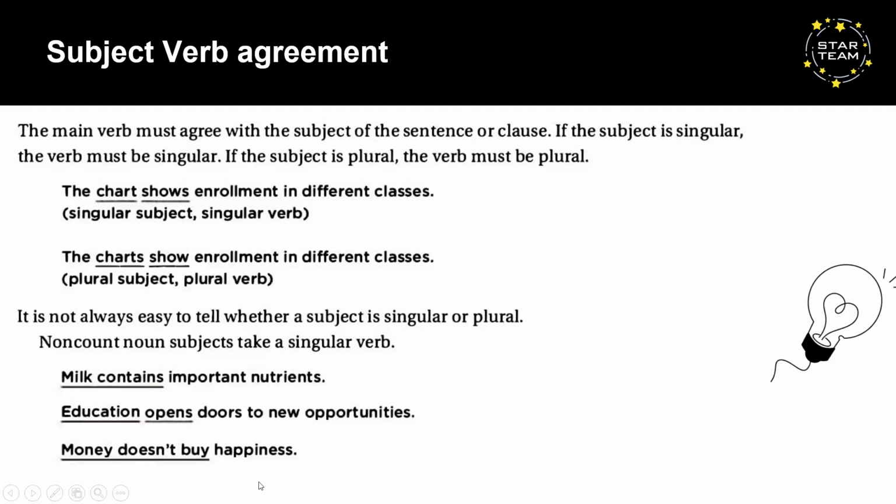Money doesn't buy happiness. No matter how much money, yes, it's singular. When we say milk, not in jars or bottles, we always use it as singular. Milk contains. Education opens. It is singular too.